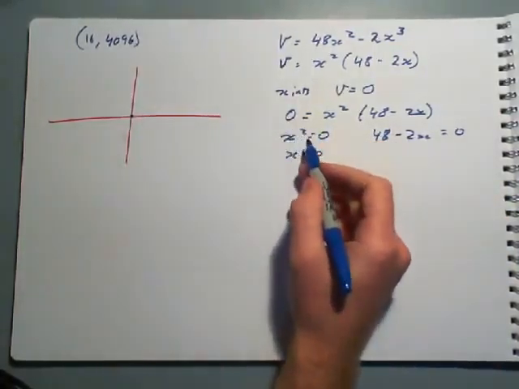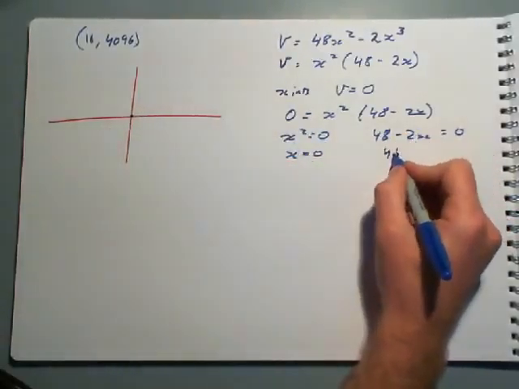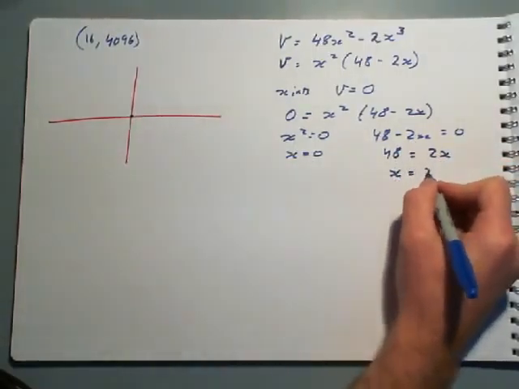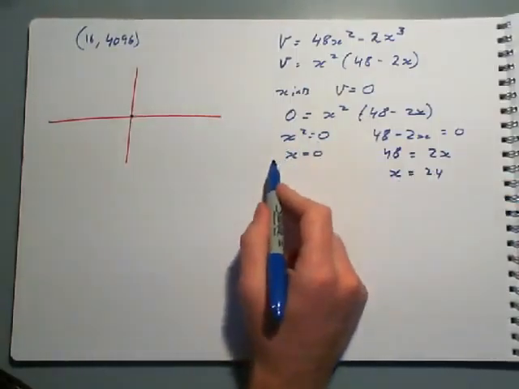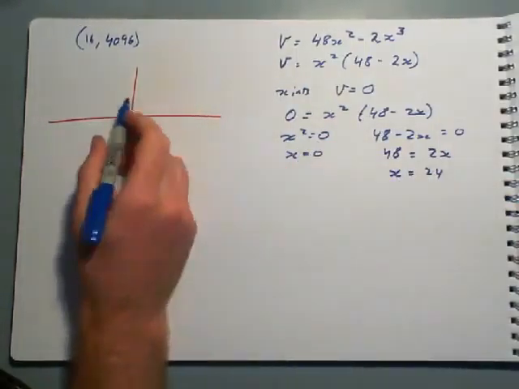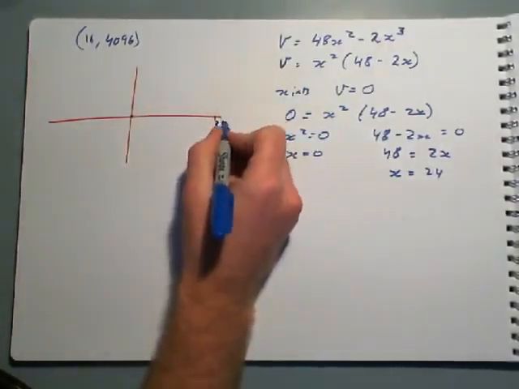Again, it's a repeated root, so that's going to be a turning point. We have 48 equals 2x, so x has to be 24. So there are our three roots technically, because this is a repeated root. We start here, don't need to worry about the negative parts, and we have 24 over here.